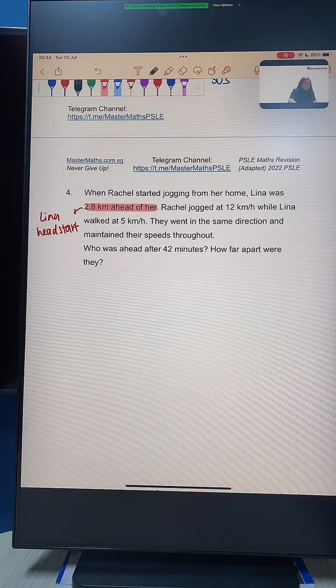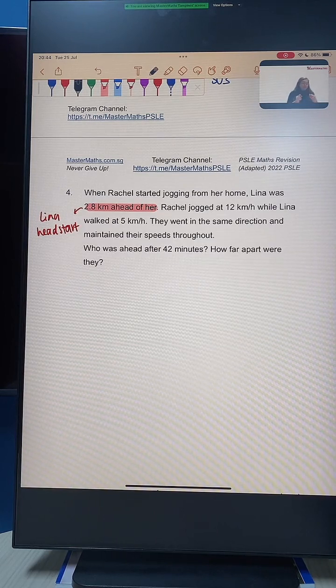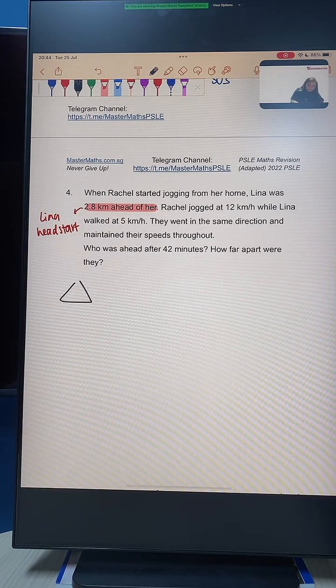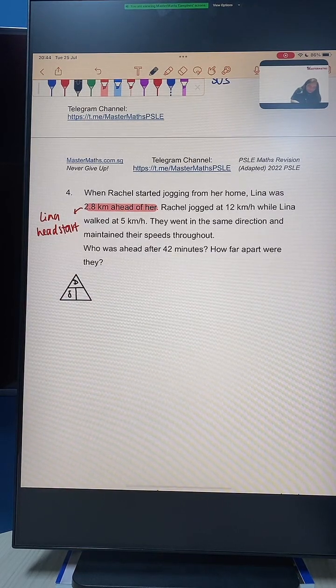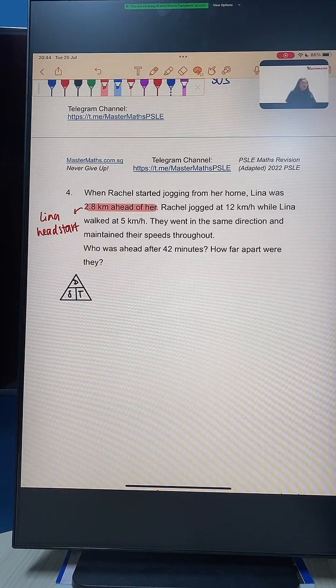For speed we have the DST triangle. Do we remember the DST triangle? It reminds us that we have distance at the top, and speed and time at the bottom. So if we are looking for distance, we have to multiply. If we are looking for speed or time, we have to divide the other two.